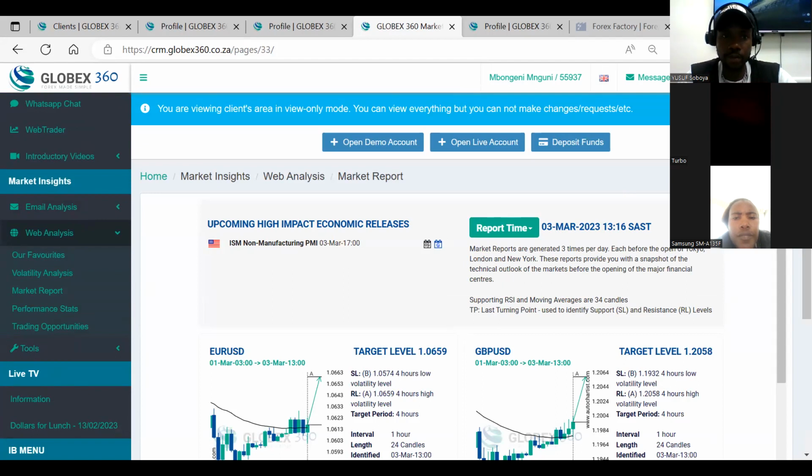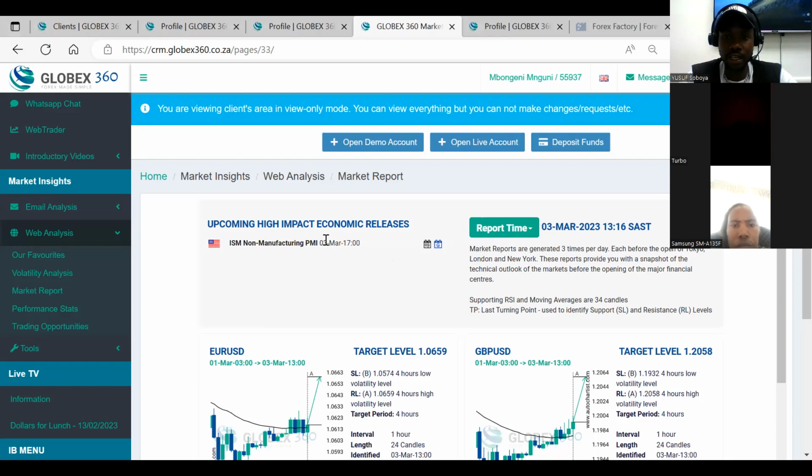Okay, so now we're checking the market report. When you click market report, this is what it shows you: the upcoming high-impact economic calendar releases. So this is the most upcoming high-impact event: ISM, non-farm payroll, 3 March. A lot of people have been mixing up the date.